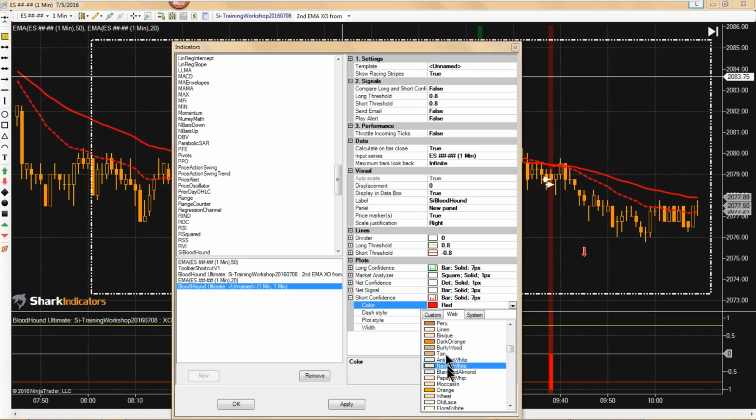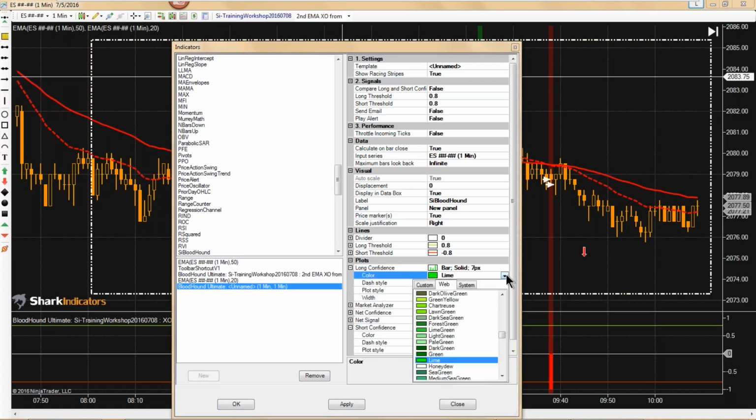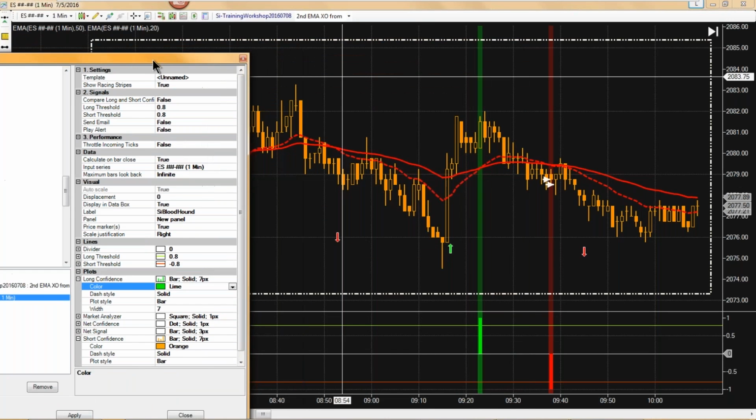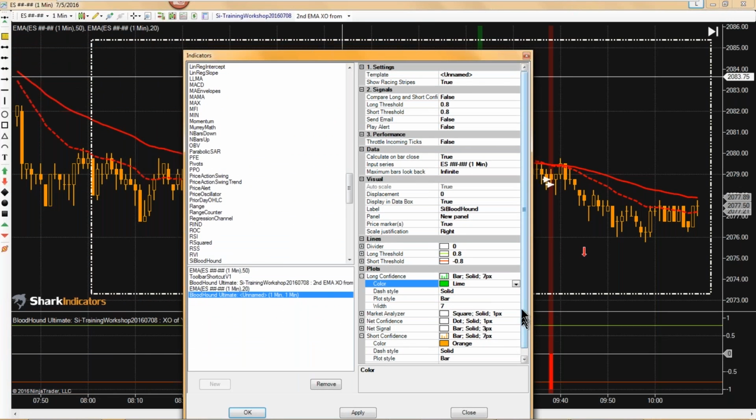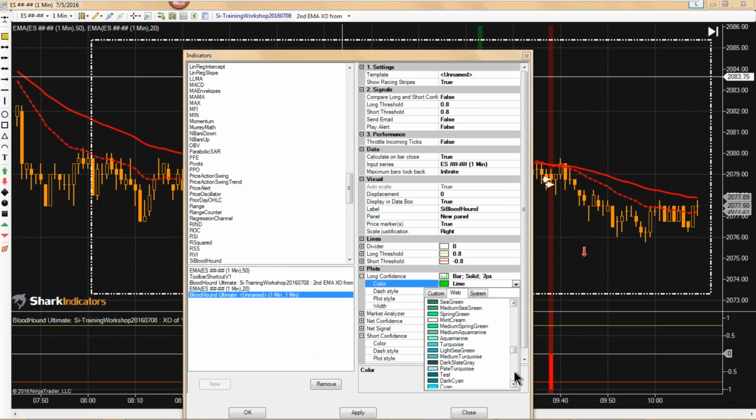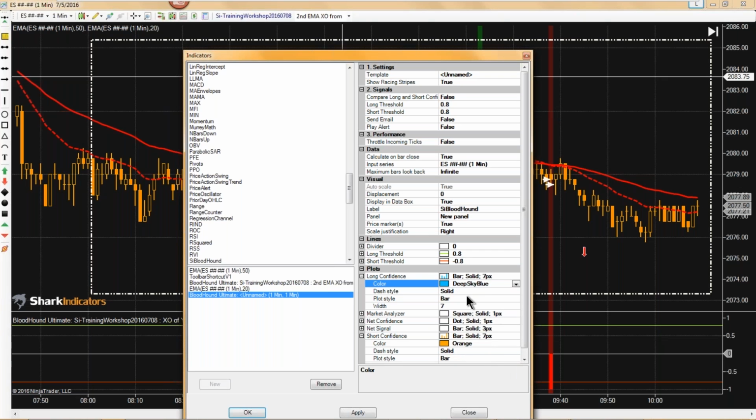So let's do an orange, and let's see, that is lime. All right, so I'm going to do blue and orange for the second BloodHound.